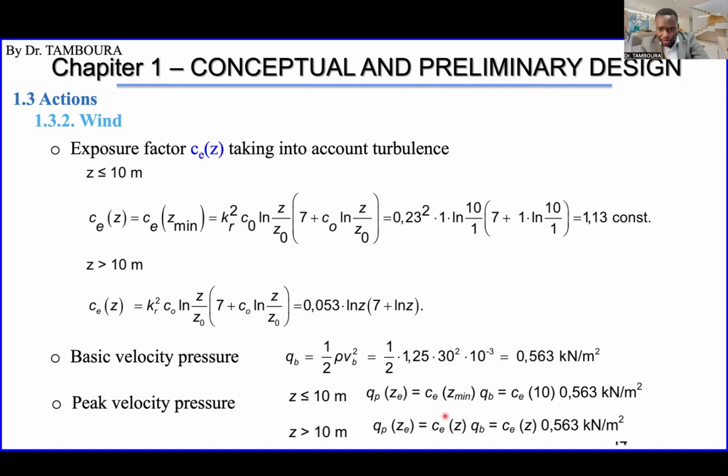This one is 1.13. You replace this by this value. If you multiply this 1.13 by this one, you will be able to obtain a constant value for this one.